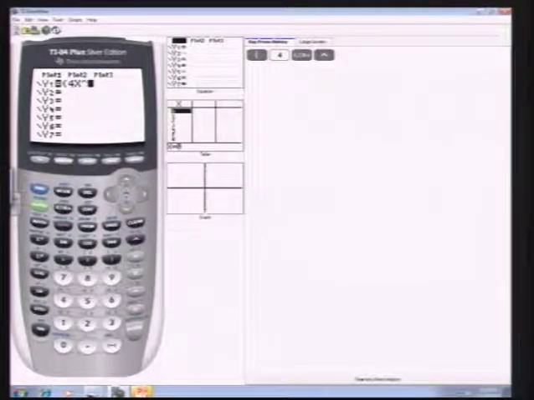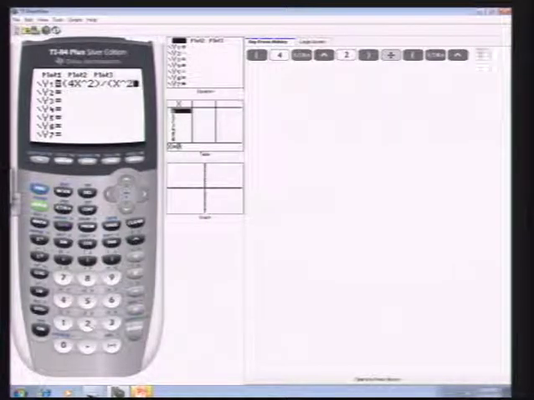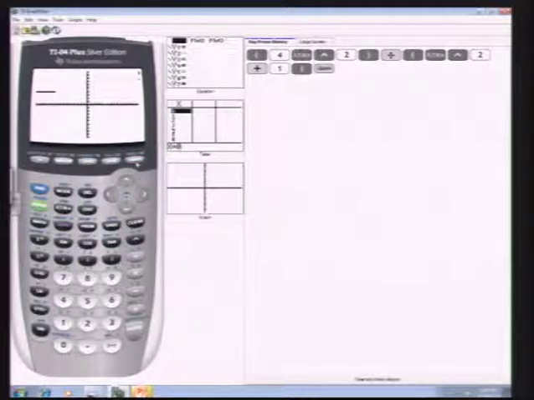So numerator in parentheses divided by denominator in parentheses, and that denominator is x squared plus 1. So x to the second plus 1, close parenthesis, and let's graph it and see what it looks like. That's an interesting graph.